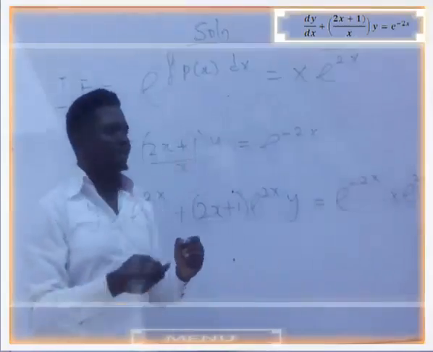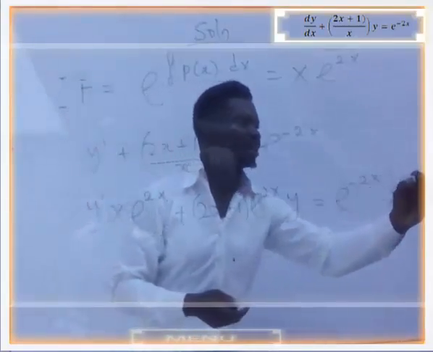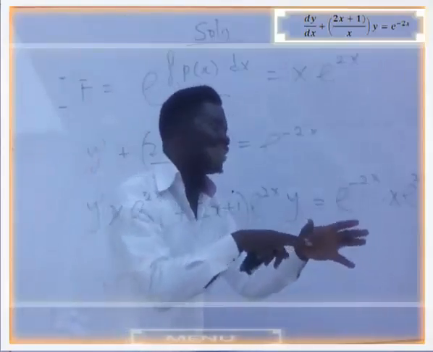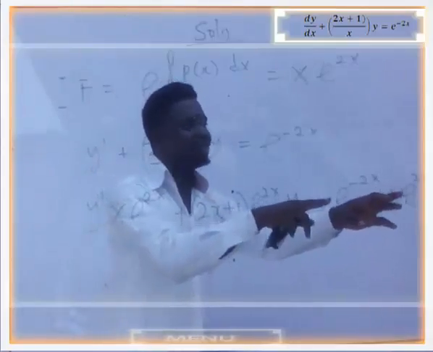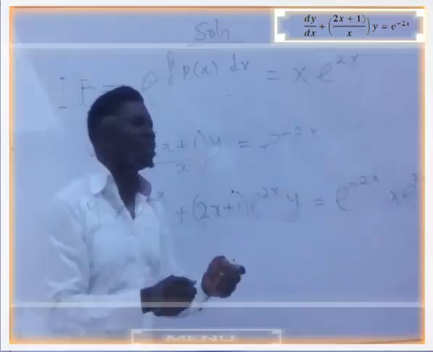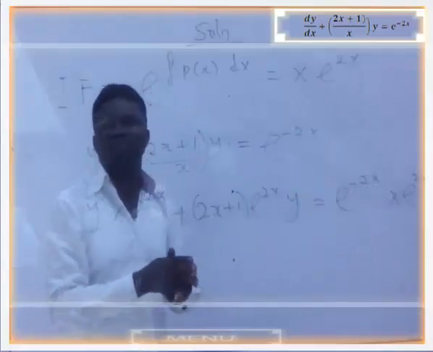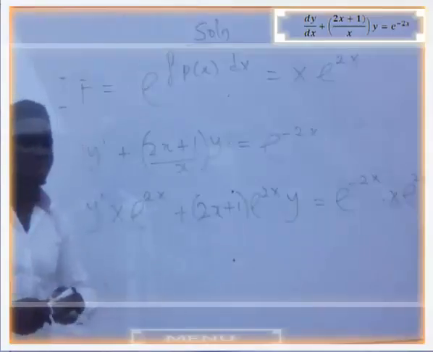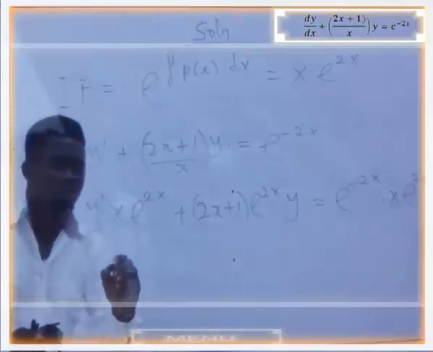If you check the right hand side and see the powers, if you add the exponents together, you have 0.